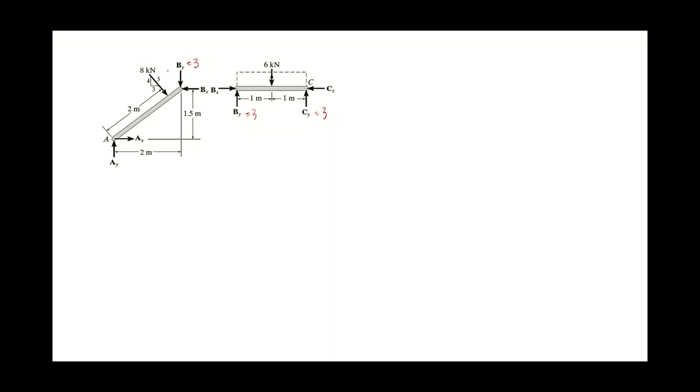So, let's first get the vertical component: the vertical component is 8 times 4 over 5. The horizontal component is 8 times 3 over 5.